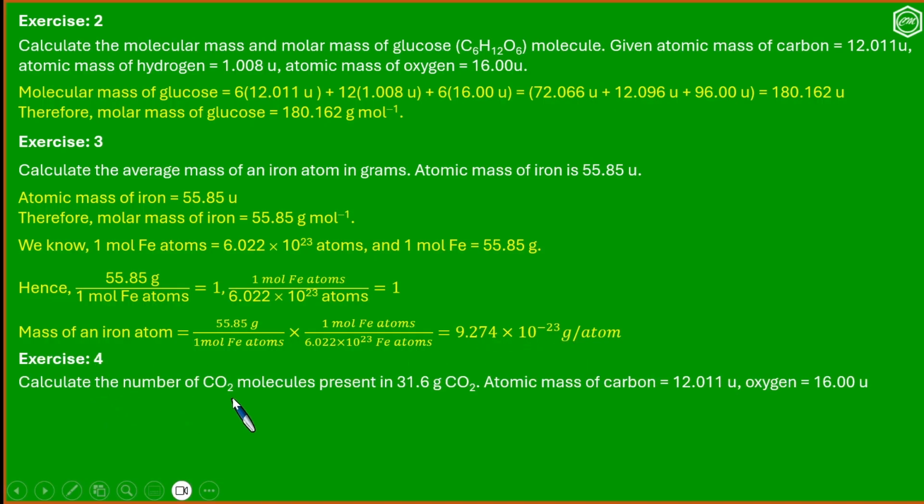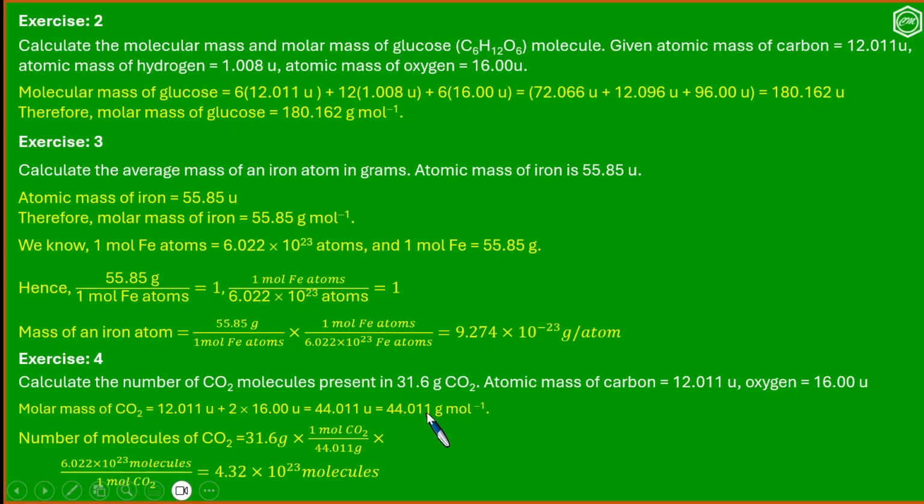Now calculate the number of carbon dioxide molecules present in 31.6 gram carbon dioxide. Atomic mass of carbon 12.011 u, oxygen 16.00 u. Now molar mass of carbon dioxide, 1 carbon and 2 oxygen atoms, that is 12.011 u plus 2 into 16 u, that is 44.011 gram per mole.